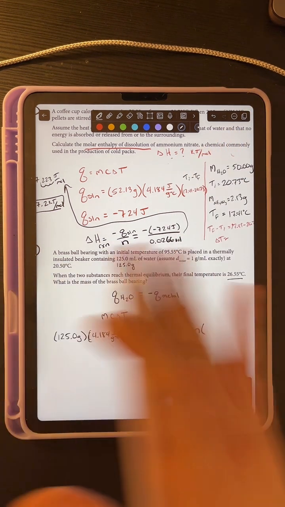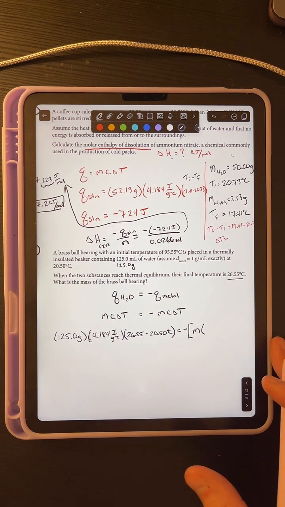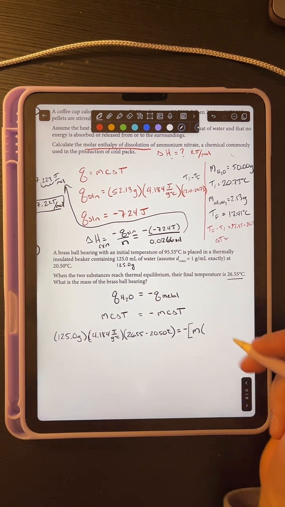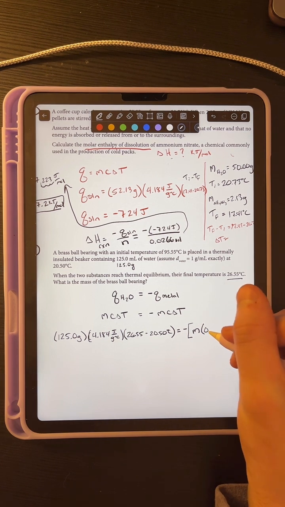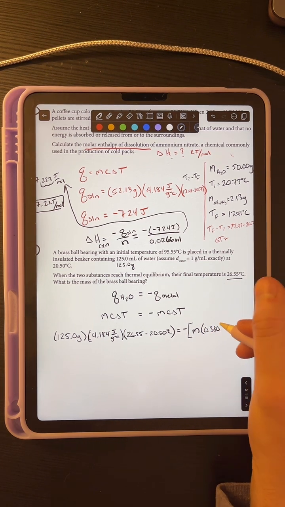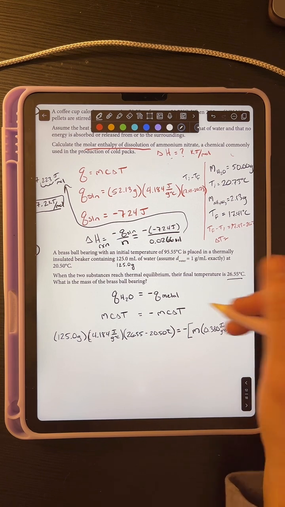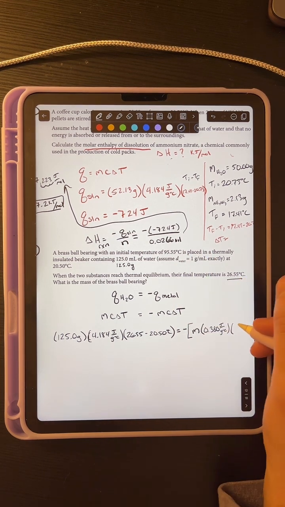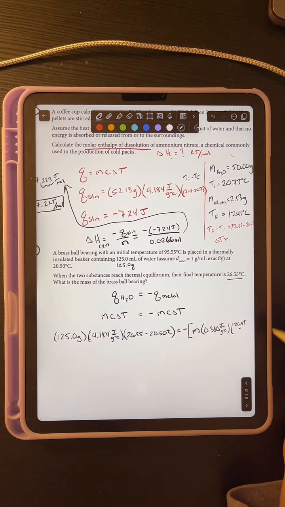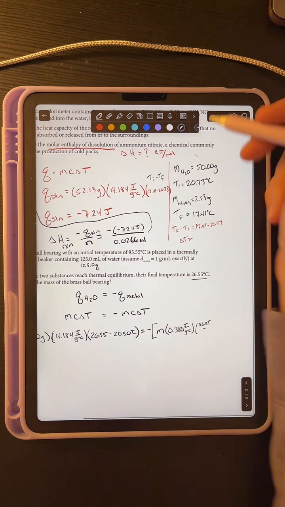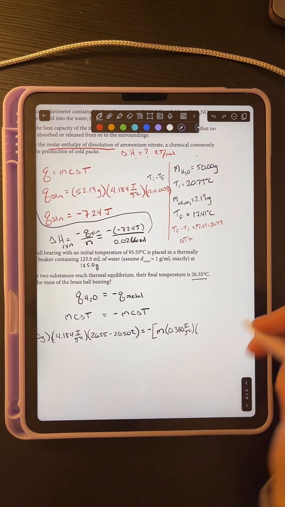It's either going to be in a table in your helpful information, or it will be given in the problem. That is 0.380 joules per gram degrees Celsius. And then again, delta T. I'm going to write them on top of one another. I'm sorry, I could just move over. I'm going to do that.